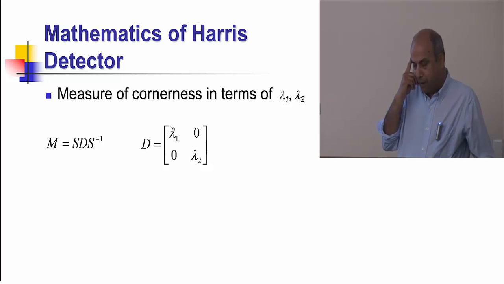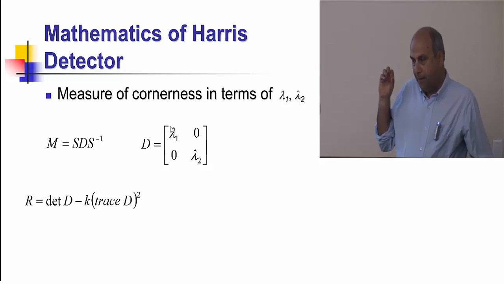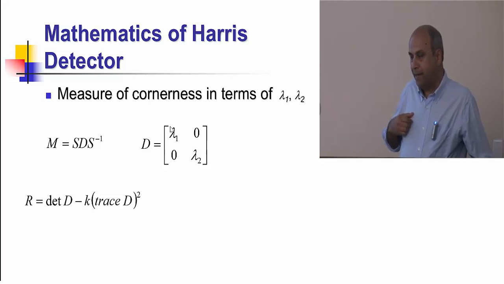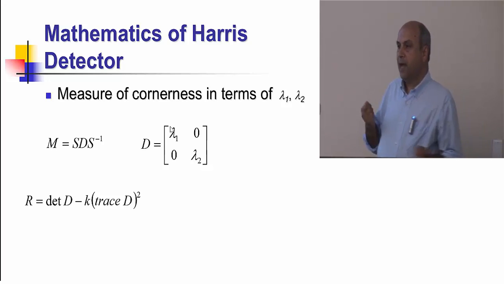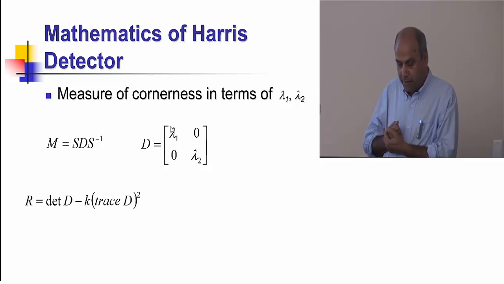So that will give us measures of cornerness, lambda 1 and lambda 2. And the way Harris defined it, how do we decide whether this point is a corner or not?